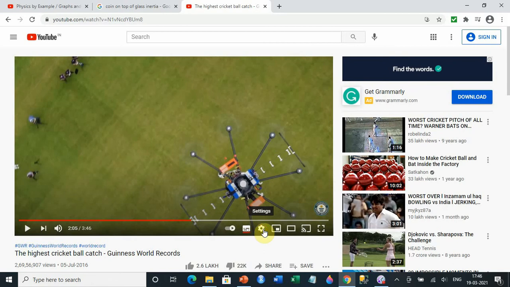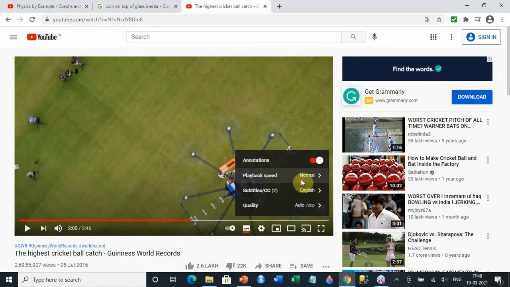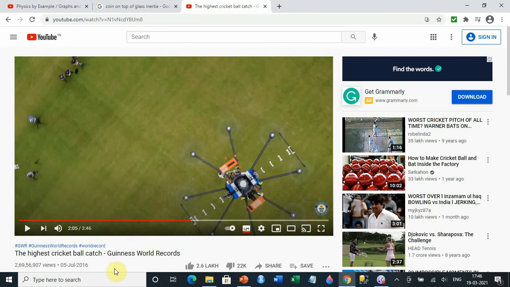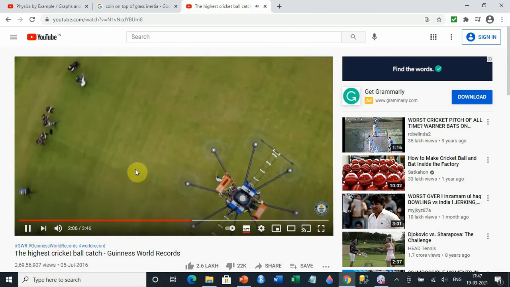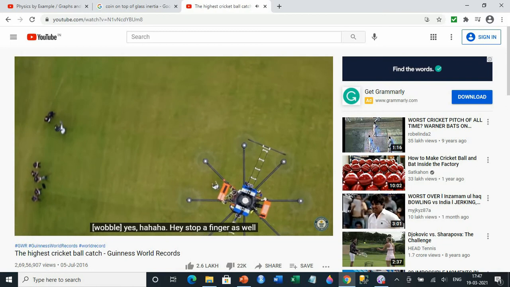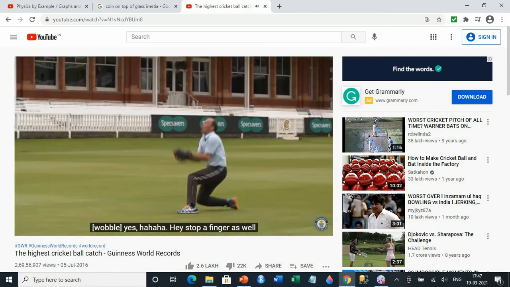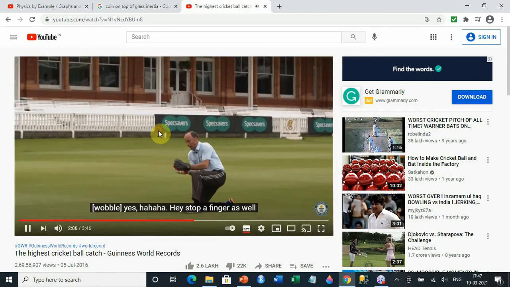What I'm going to do here is reduce the speed to 0.25 and just see what he does. When the ball is dropped, after taking it, he brings his hand down along with the ball for some time. Look at what he did.